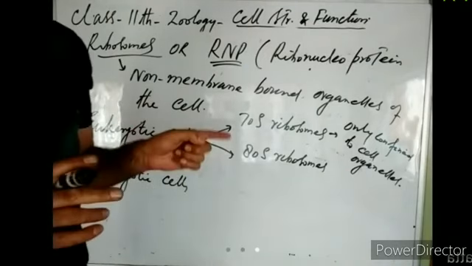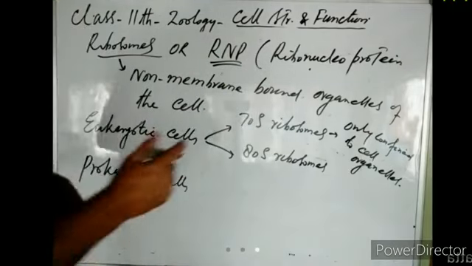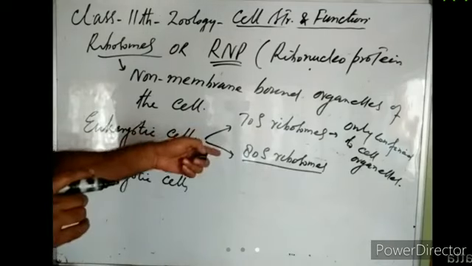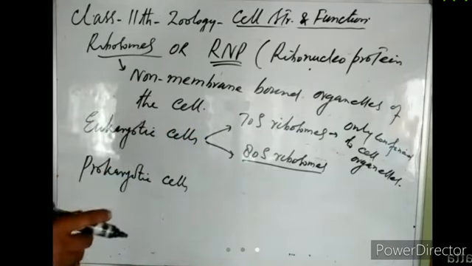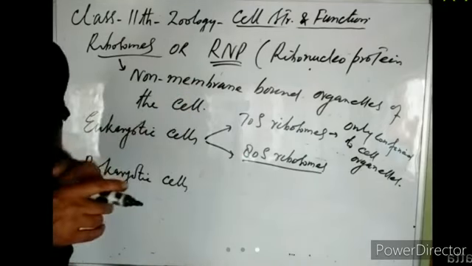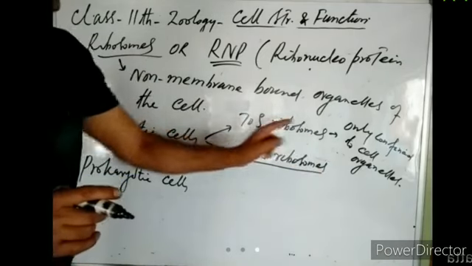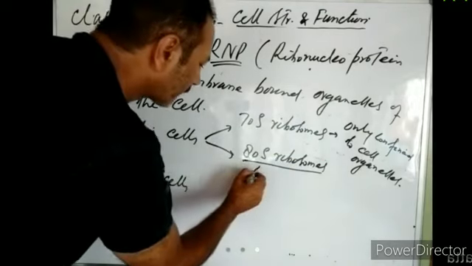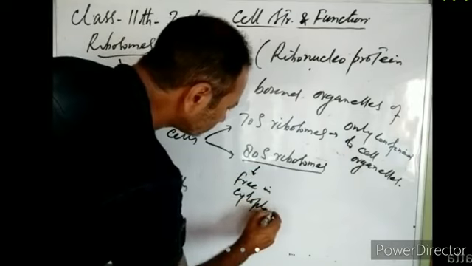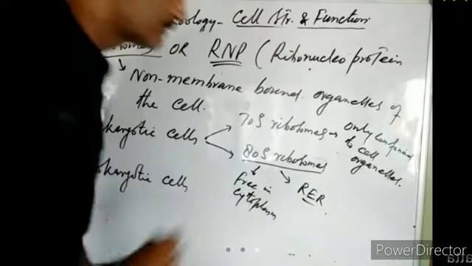They are only contained in some cell organelles, like mitochondria or plastids, right? Whereas 80S ribosomes of the eukaryotic cell may be found free in the cytoplasm, or they may be attached to rough endoplasmic reticulum, right?